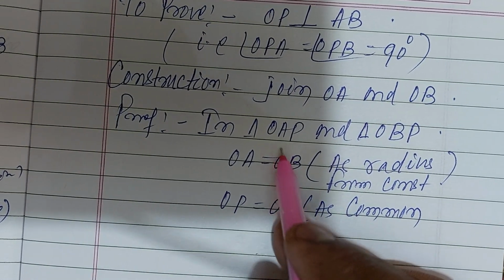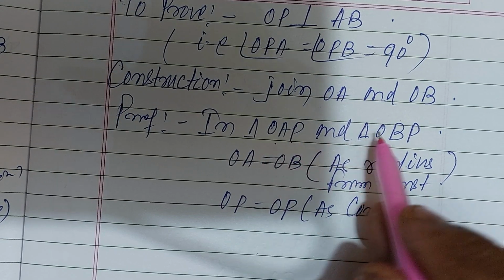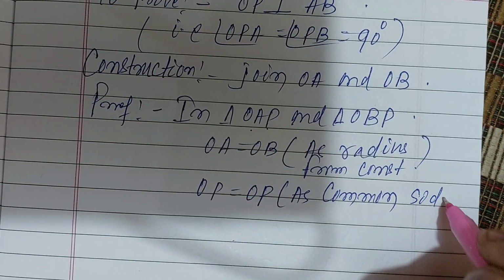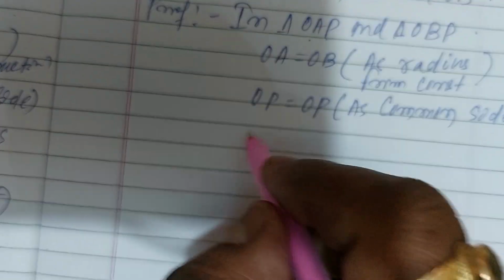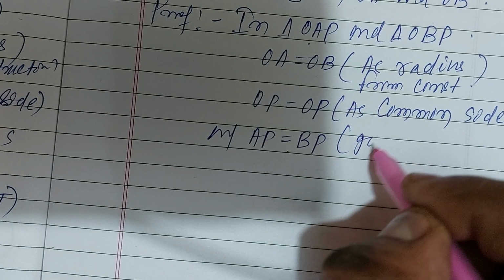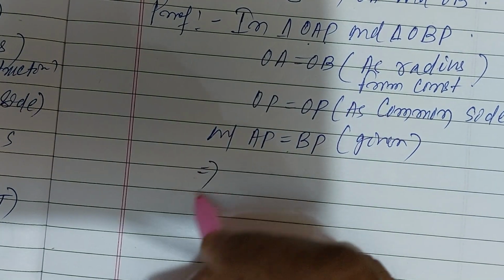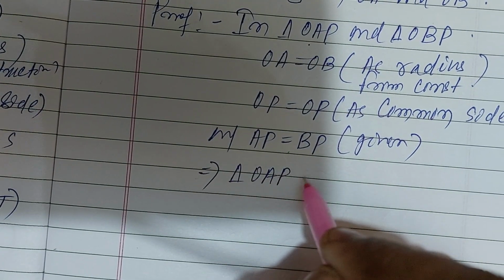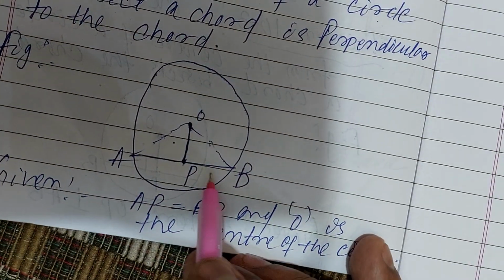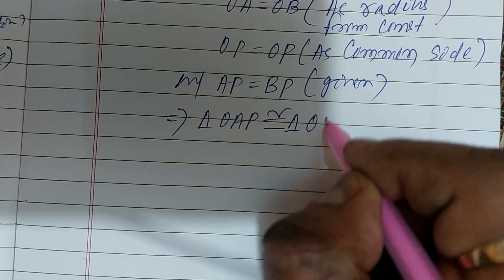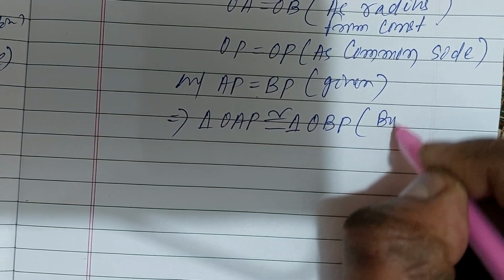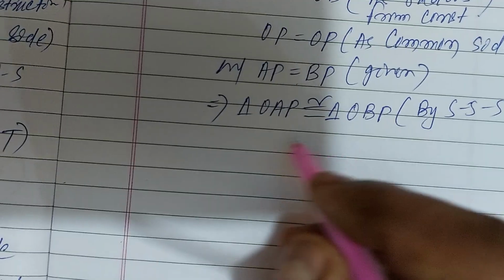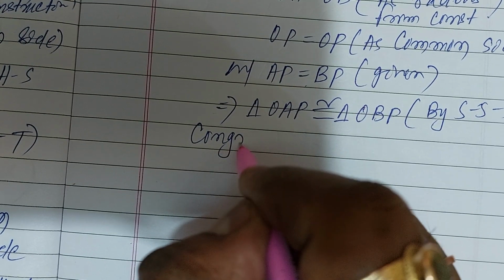Then next, AP is equal to BP, given here. So now these two triangles are congruent. Triangle OAP is congruent to triangle OBP by SSS congruence rule.